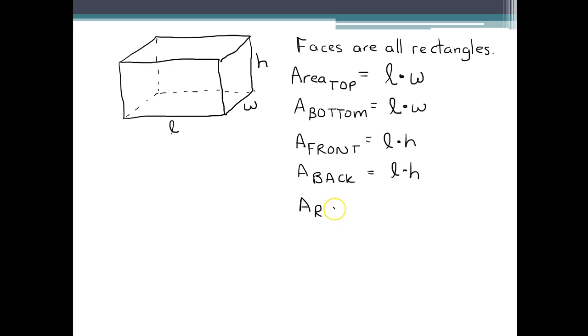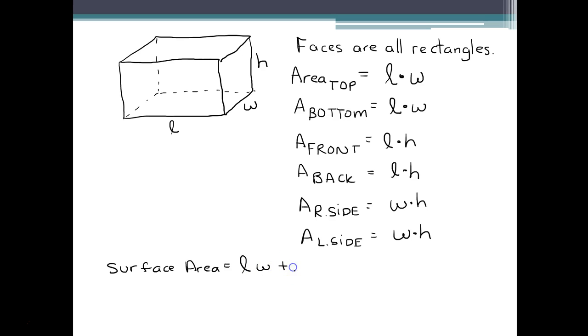Area of the right side is going to be width times height, and so is the area of the left side. So your surface area has to be your top plus your bottom plus your front plus your back plus your right side plus your left side.